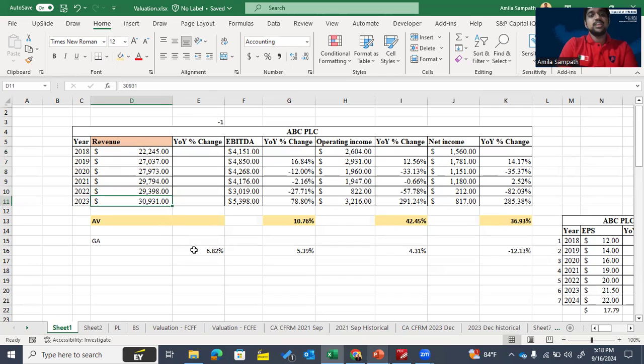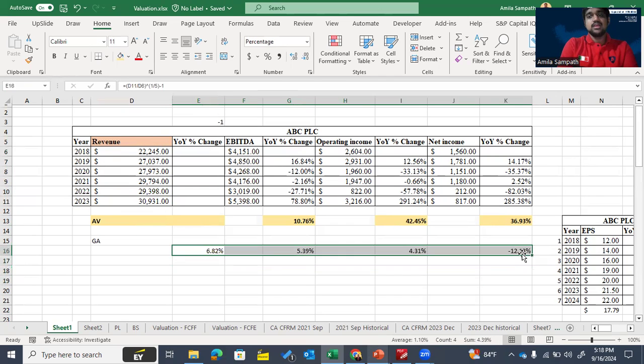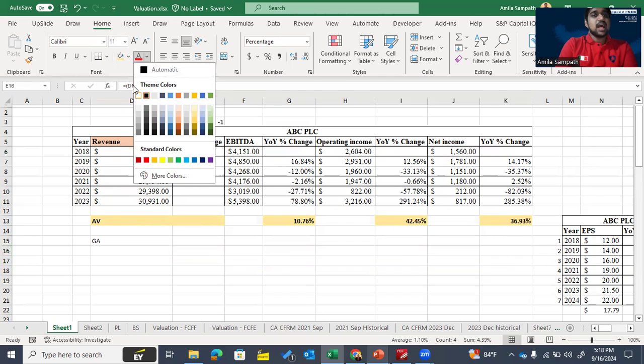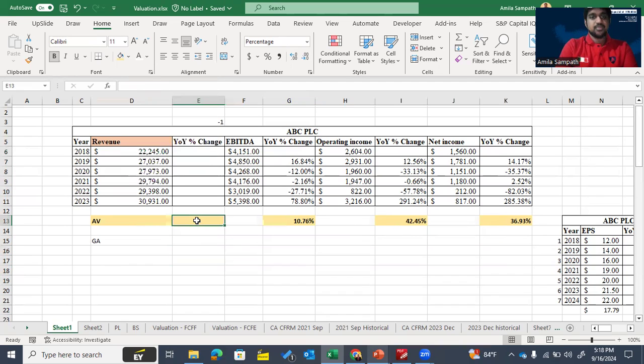Then we need to calculate the growth of the revenue based on the arithmetic average, using these given historical data. As I told you, we calculate the arithmetic average based on the average of historical data.